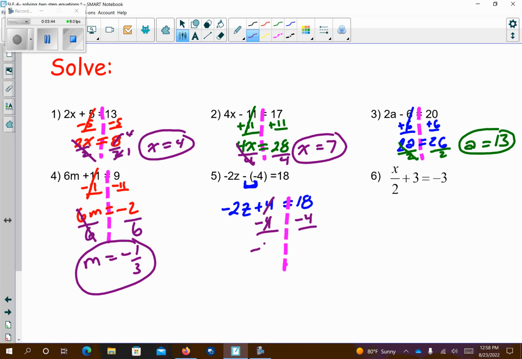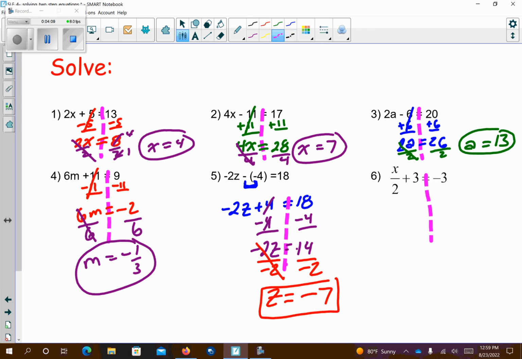Those cancel, so I get -2z equals, let's see, 18 minus 4 is 14. I now want to get z by itself. I'm going to divide both sides by -2. Those cancel, so I get z equals, positive over negative is negative. 14 over 2 is 7. So z equals -7.